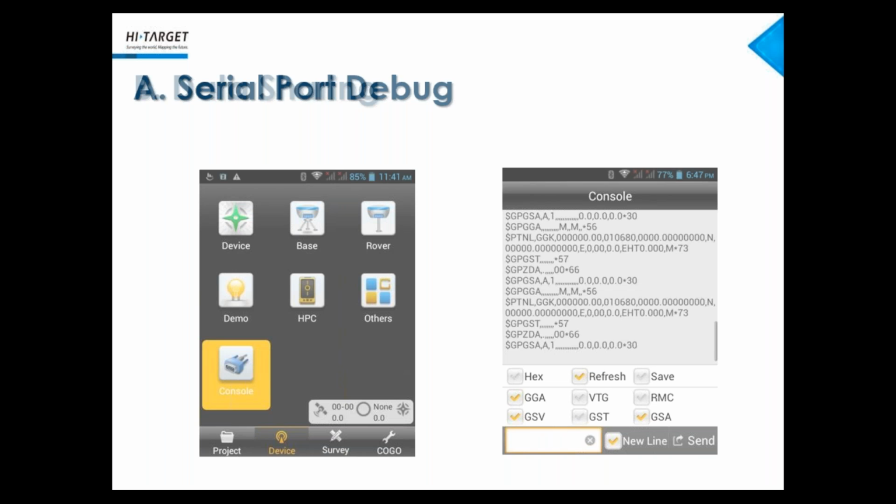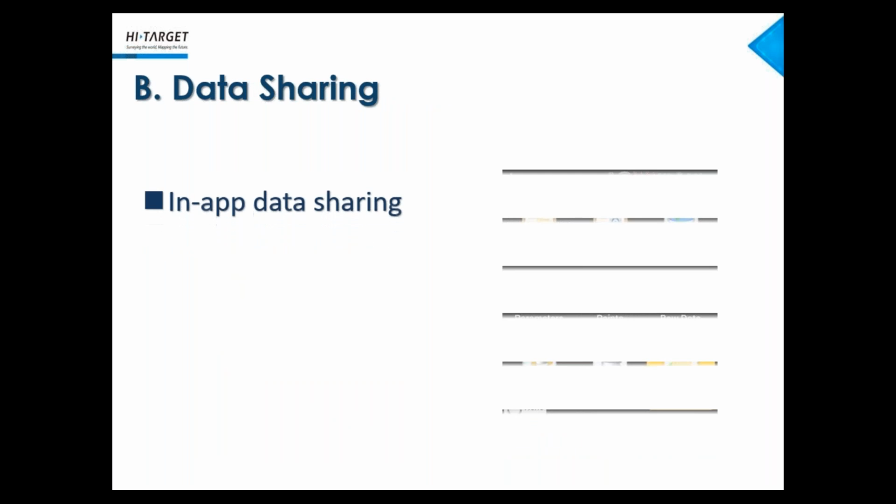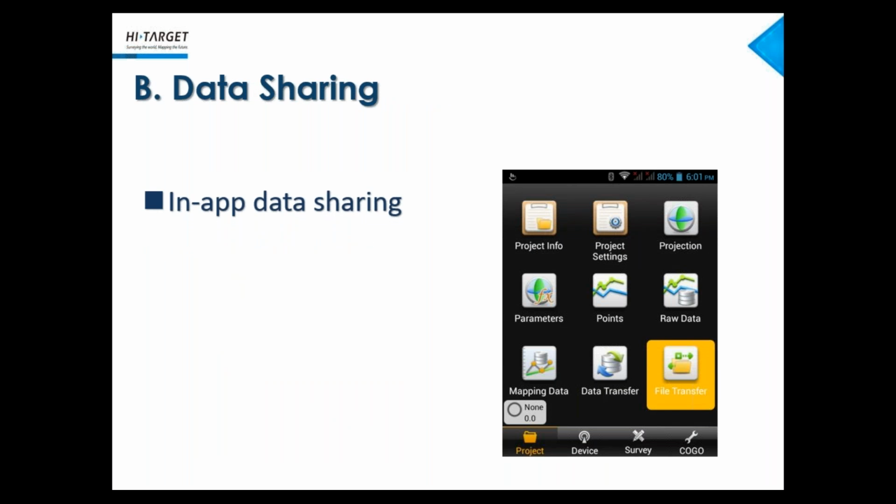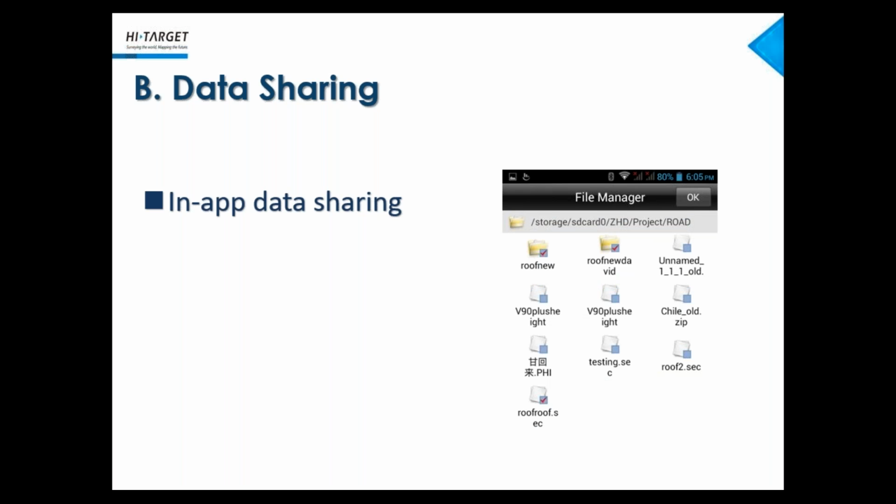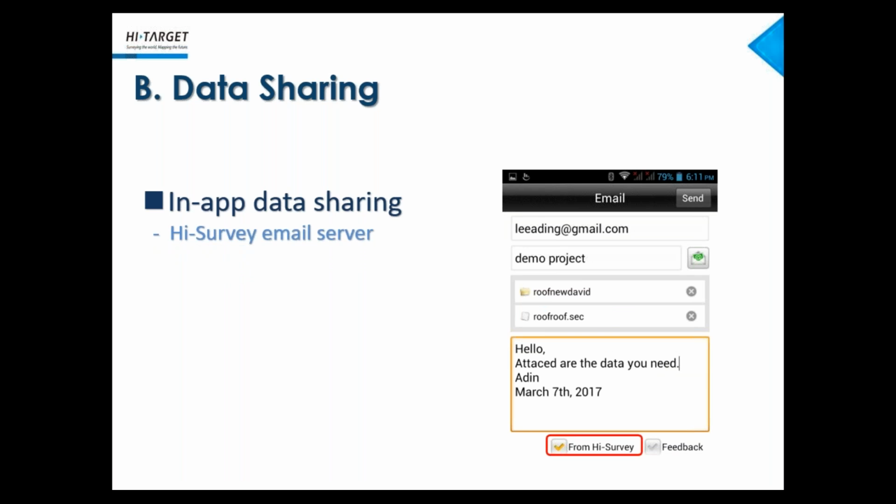So part B is for data sharing. We have the in-app data sharing in the Project tab. Click File Transfer and choose the files which you want to share. You can use the HiSurvey email server, you're welcome to use that. And also, if you want to use your own, then just untick it.